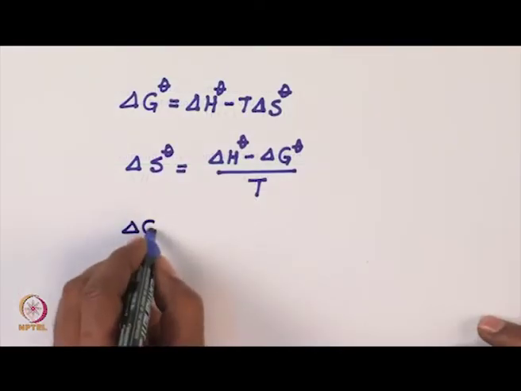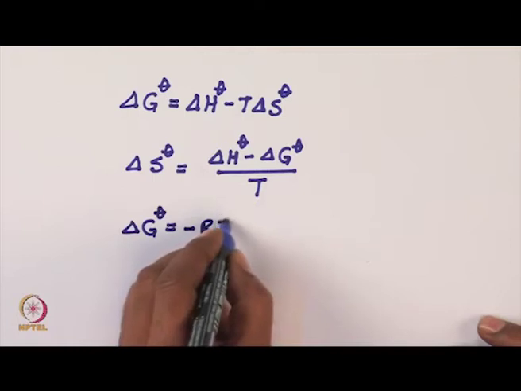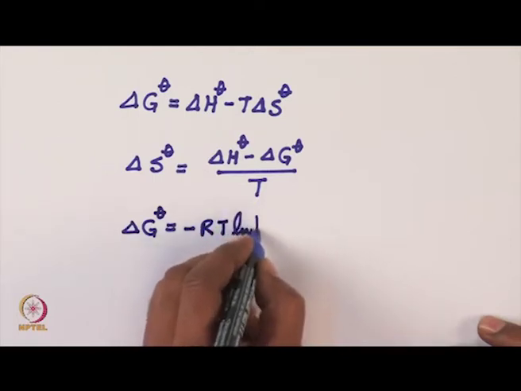Delta G naught can be calculated from minus RT log K.